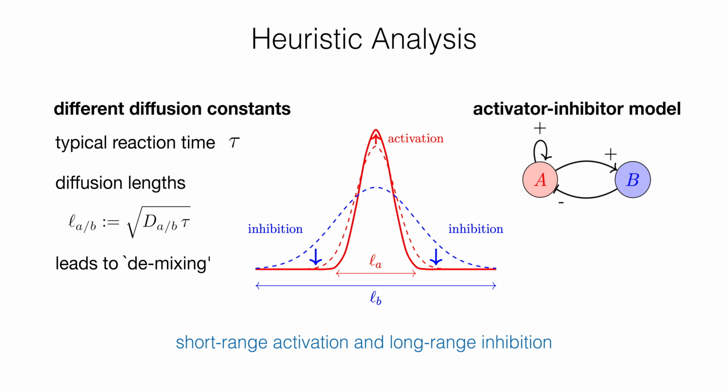And then in addition to a time scale, you have length scales. And these length scales you can create by combining the time scale of reaction with the time scale of diffusion. So it basically says how far do you get by diffusion during a time given by this time scale tau. And these length scales are in general different for the species B and A because the B and A species have different diffusion coefficients.